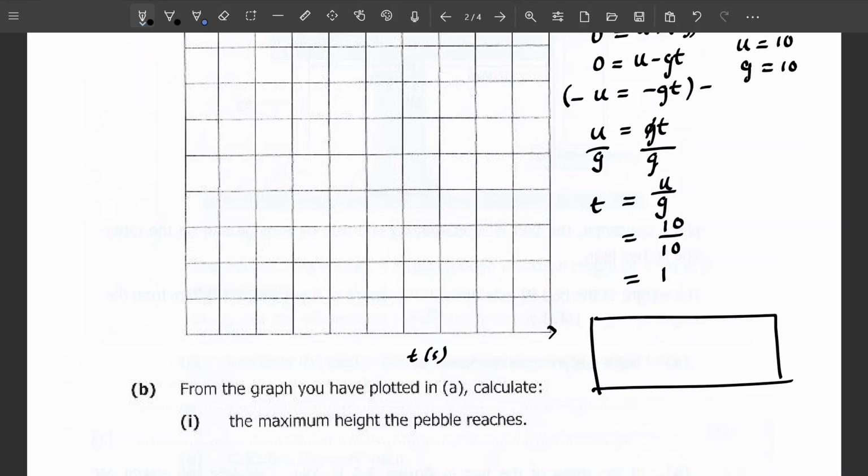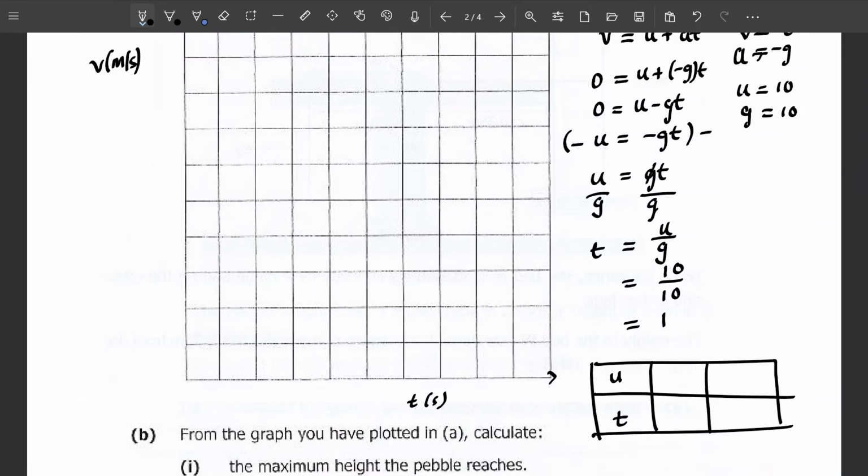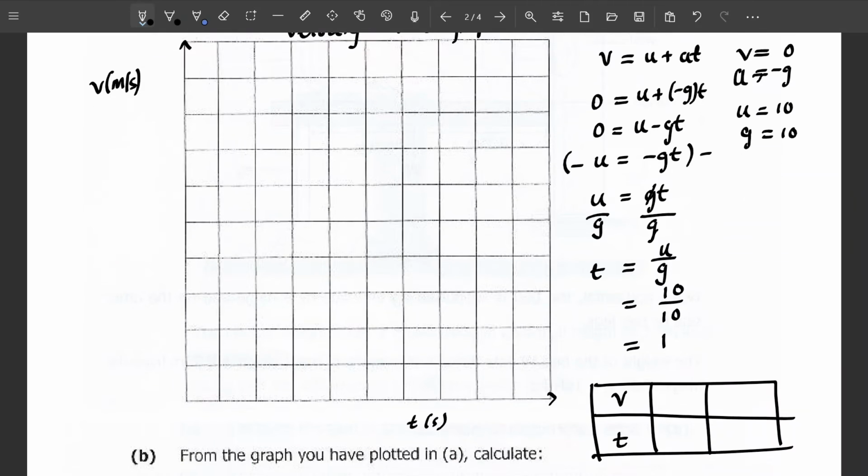We have velocity here, not initial, sorry, that is quite misleading, and then we have time here. Initial means time was 0.